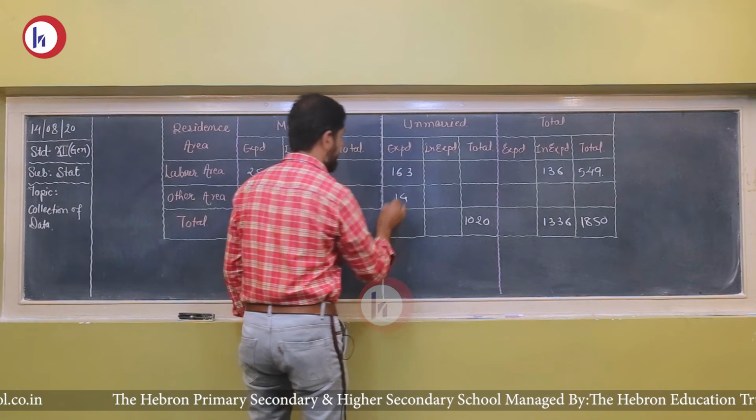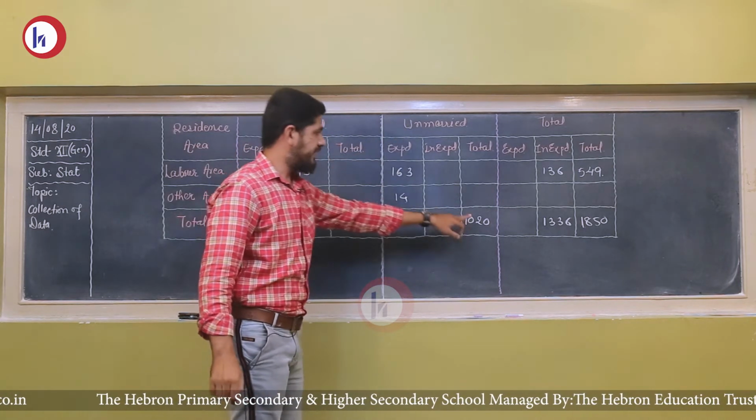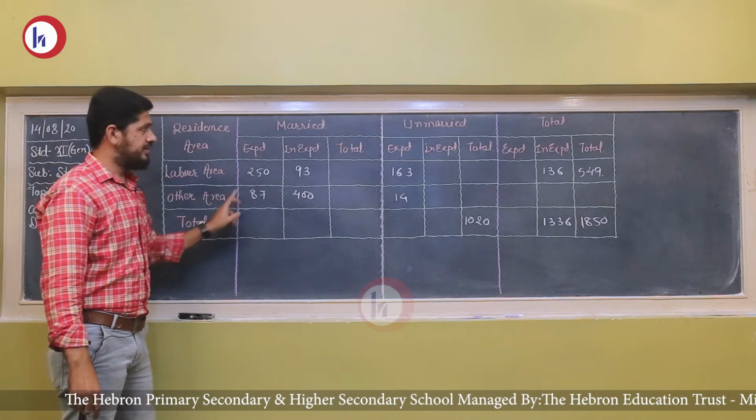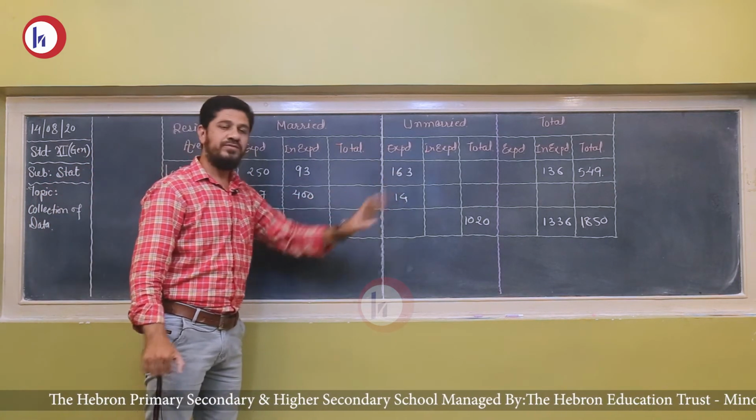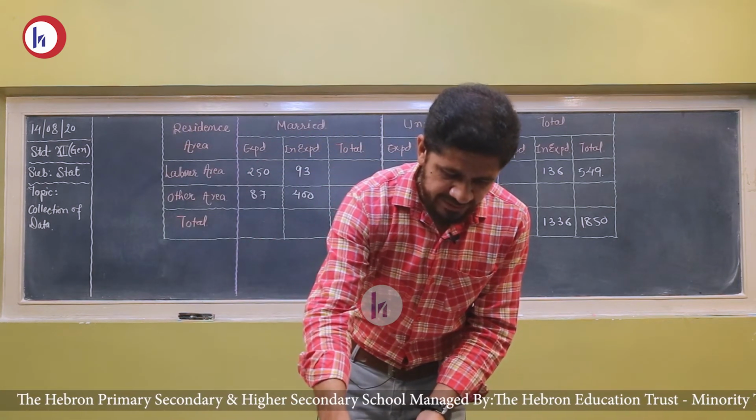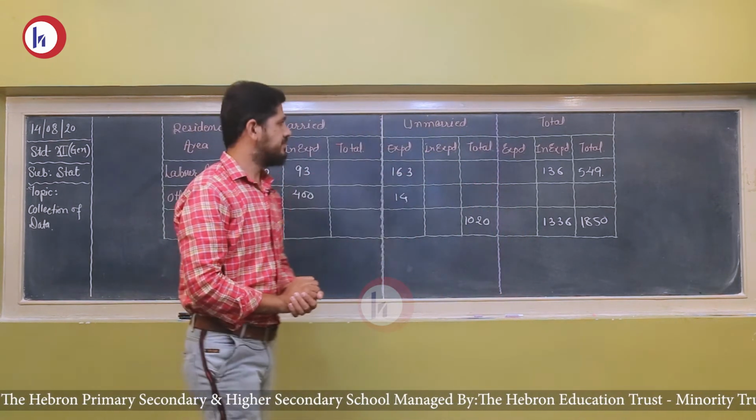Unmarried women among them who live in labor area and other area, they are experienced, 163 and 14. So the amounts we had been given are recorded in the table.